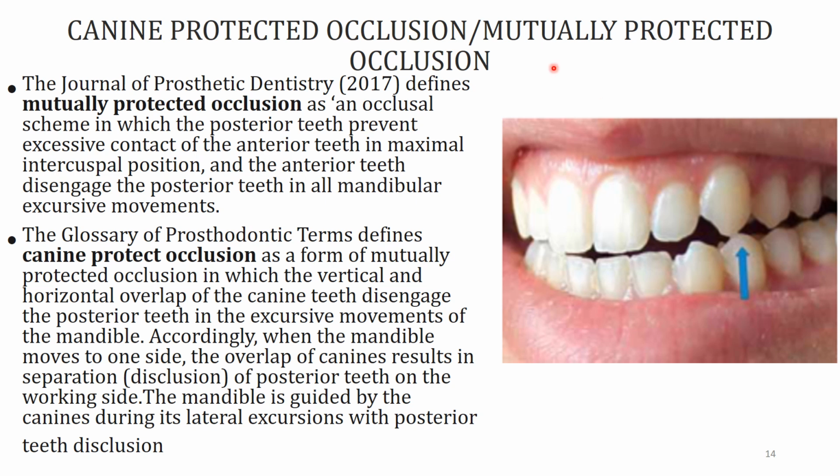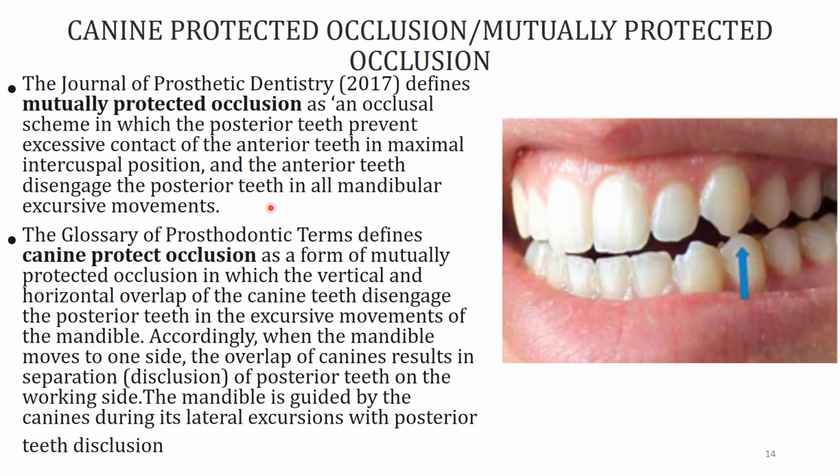Coming to the canine protected occlusion and mutually protected occlusion. According to JPD 2017, mutually protected occlusion is defined as an occlusal scheme in which the posterior teeth prevent excursive contact of anterior teeth in maximal intercuspal position, and anterior teeth disengage the posterior teeth in mandibular excursive movements.